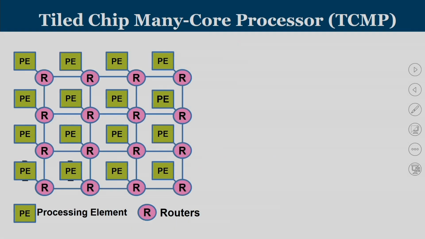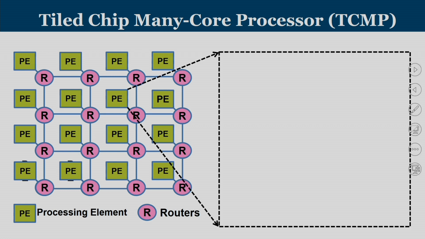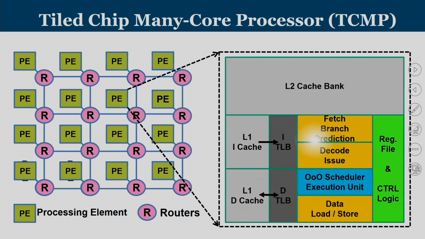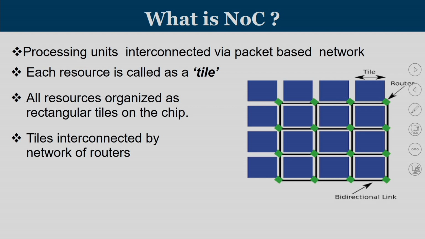We have seen that in tiled chip many core processors, each tile consists of processors and cache memories, and the network on chip is going to connect multiple tiles. The tiles are organized in a rectangular mesh structure and they are interconnected by a set of routers and links.